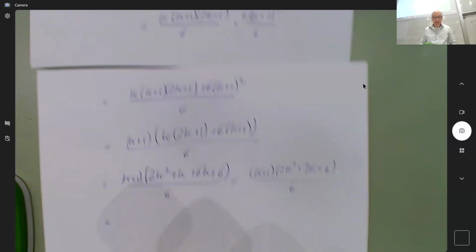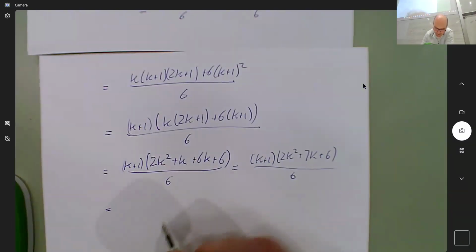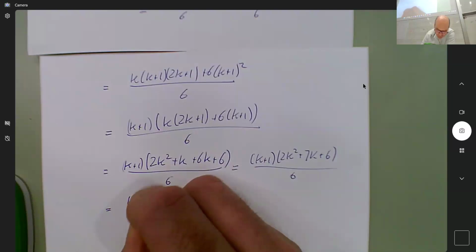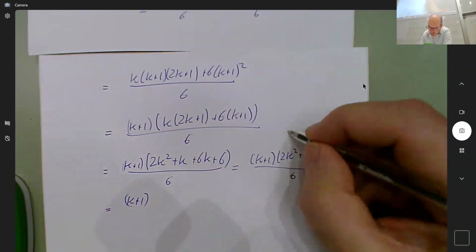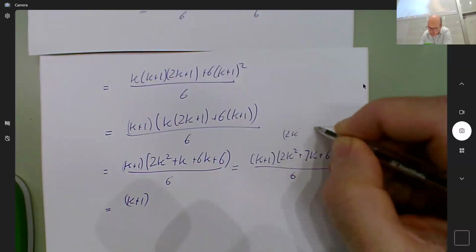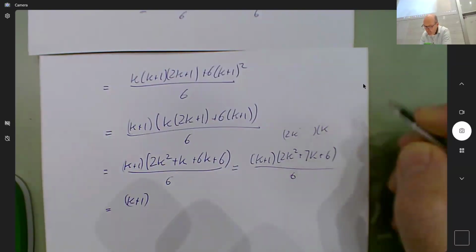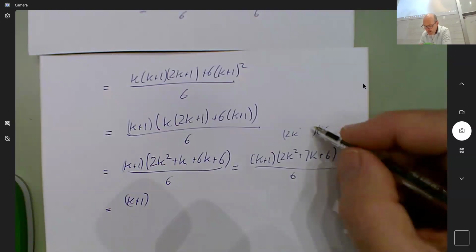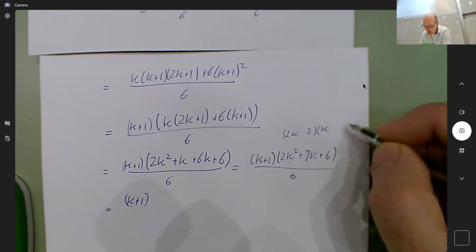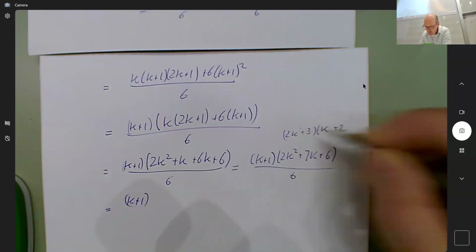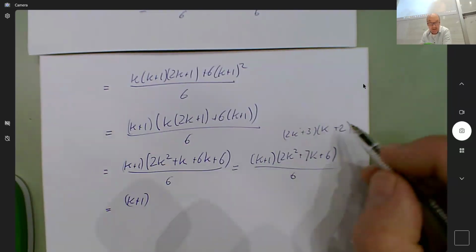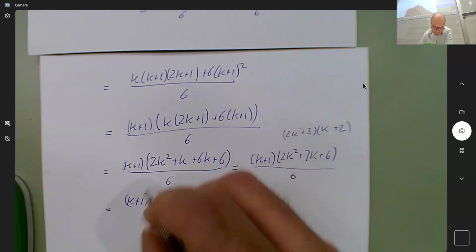This is going to be equal to, all right, so I've got my k plus 1. If I go 2k and k, and I have a 3 here maybe, and a 2 here, hey, that's going to factorize like that. I'm going to do that.